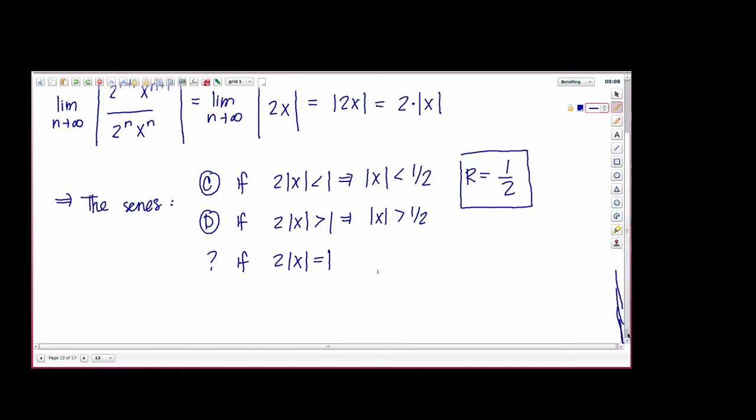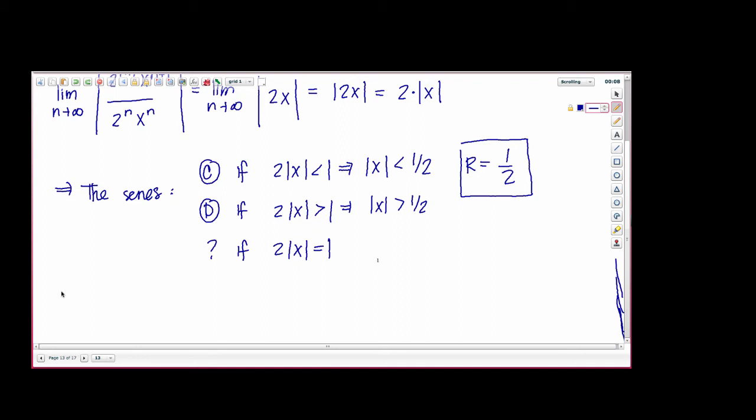So now to get the interval of convergence, we need to check the endpoints. So we need to say, okay, what happens if x is equal to a half? Just plugging in x is a half, we get the sum from n equals 0 to infinity of 2^n times (1/2)^n. So this just becomes the sum of 1^n, or just 1, 1 plus 1 plus 1, etc. This series clearly diverges by the test for divergence.